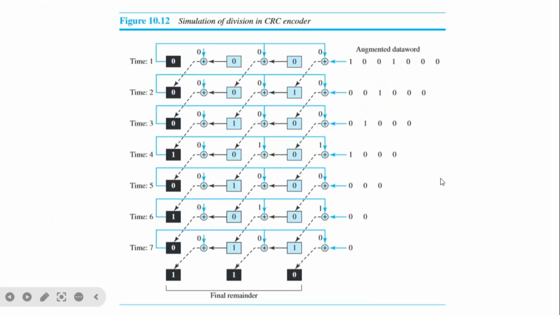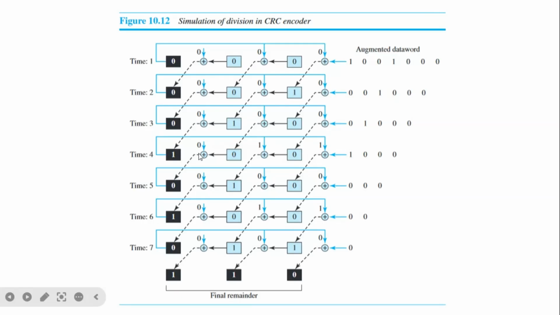You will understand this better. Here, I said it has been shifting. In the augmented data word in the previous slide, I said it is shifting towards this side. So first all these three have to be shifted. That is what we are doing. We are shifting, and by time 3 we have shifted. At time 4 you already have the augmented data word here, and depending on this, whether it is 1 or 0, we decide.